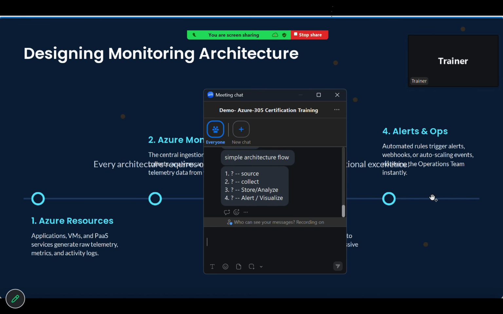So this becomes the foundation of operational visibility.